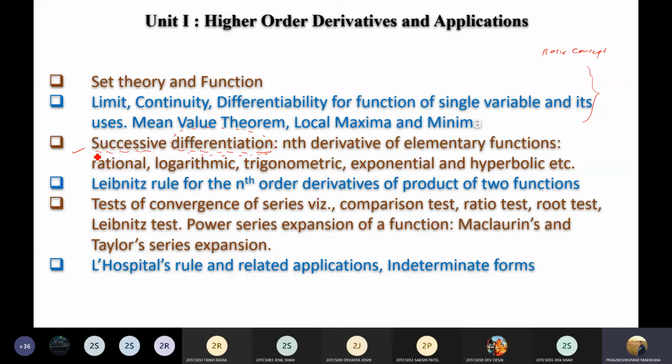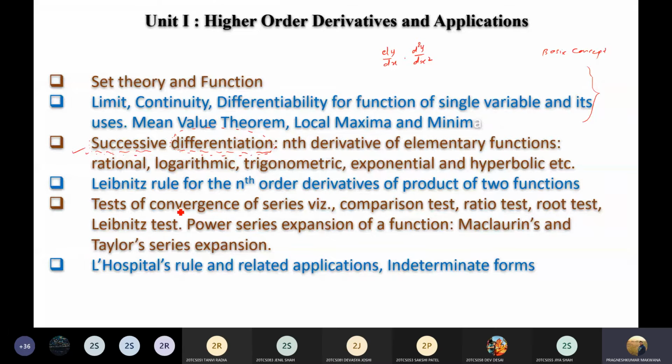Now what about successive differentiation? In 12th standard you have studied dy by dx and d square y by dx square. So second order differentiation you have studied in 12th standard. But here what about successive differentiation?